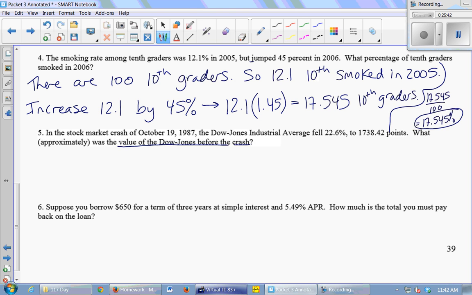So if we let the value before be x, then I'm going to decrease x by 22.6%, and I'm going to get 1738.42. What should I multiply by to decrease something by 22.6%?